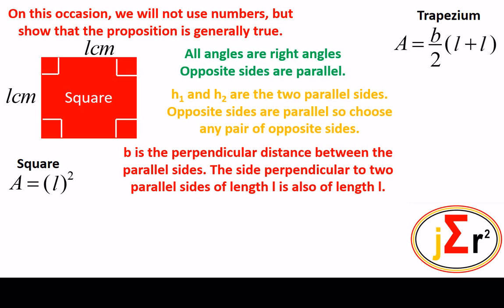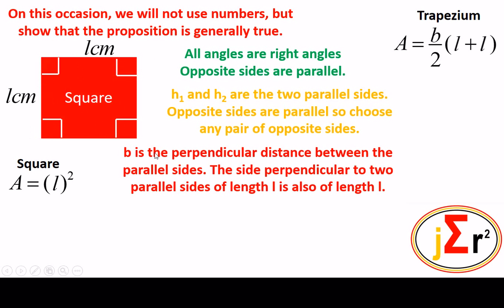The side perpendicular to the parallel sides of length L is also of length L. The side that is perpendicular to these two, which is the perpendicular distance between these two, is this one, which is also of length L. We don't have to use anything to enhance our view to discover that this is perpendicular to these two, because we know that opposite sides of a square are parallel and all of the angles are 90 degrees.